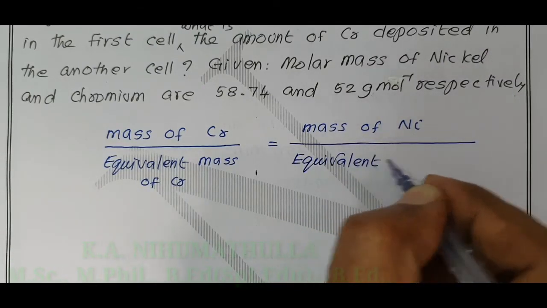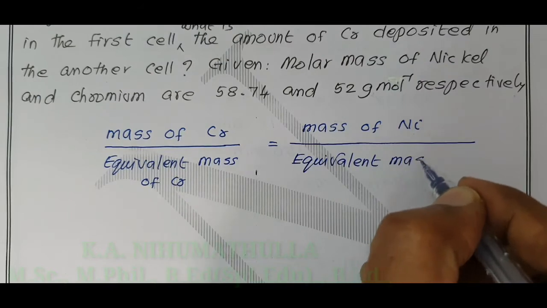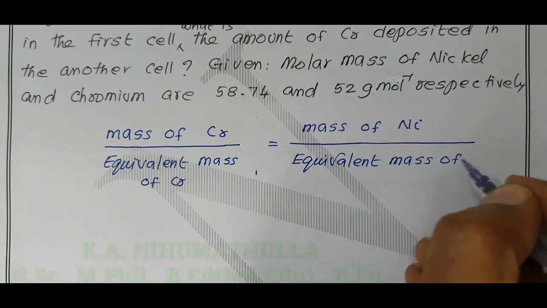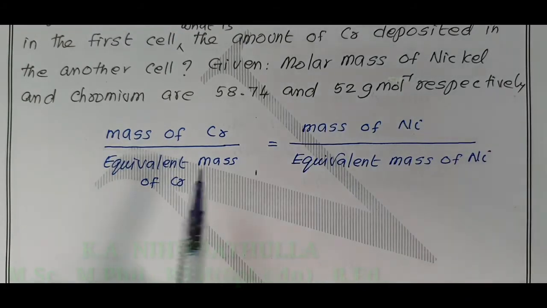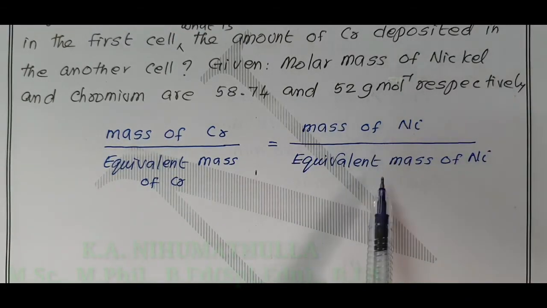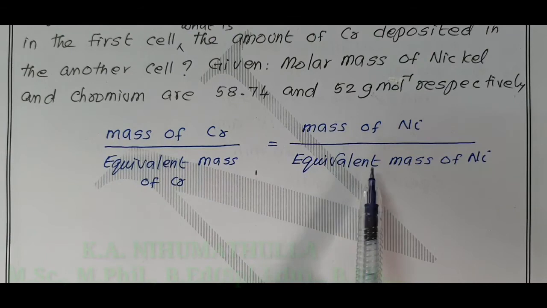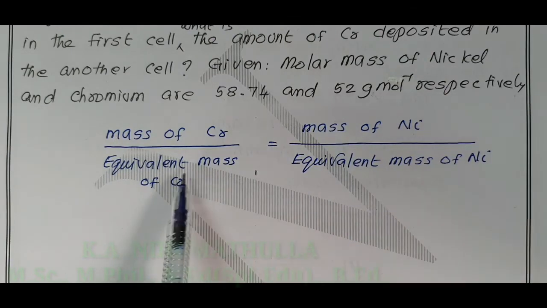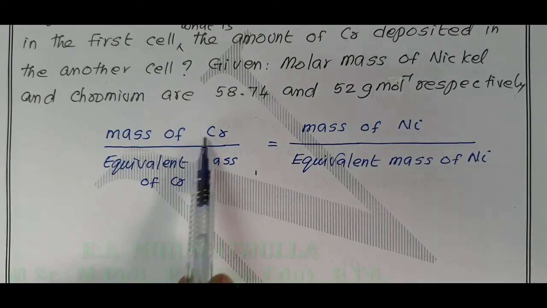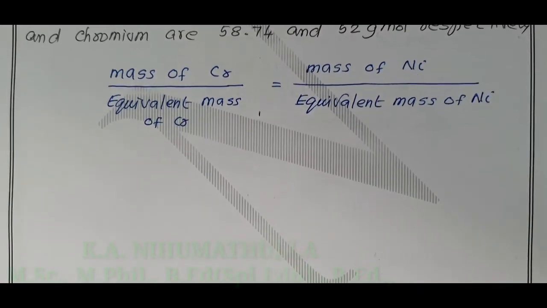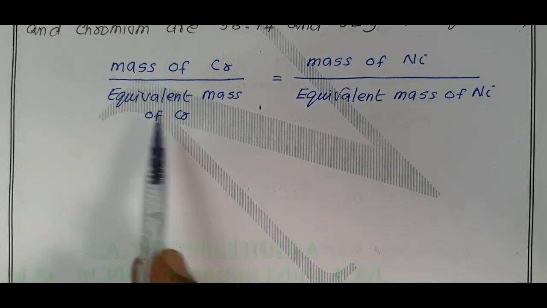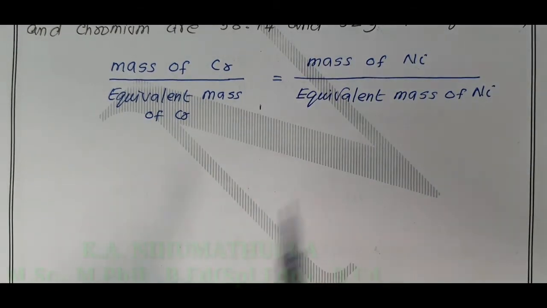We know the mass of nickel, and we can convert the molar mass into equivalent mass. Equivalent mass of chromium we have to calculate, and our question is to calculate the mass of chromium deposited. Before that, we are going to calculate the equivalent mass of chromium and equivalent mass of nickel.